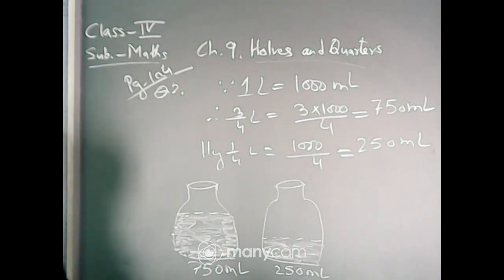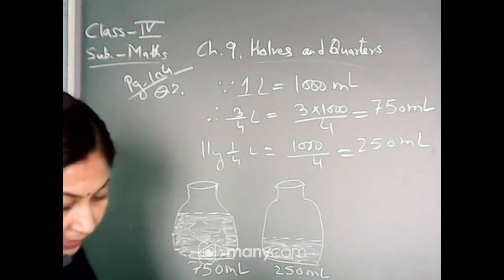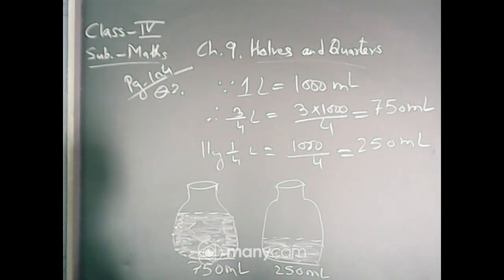Now the second question: how many milliliters of milk does each bottle hold? So you will write down that the first bottle holds 750 ml of milk and the second bottle holds 250 ml of milk. In the book only you write, the first bottle holds 750 ml and the second bottle holds 250 ml of milk.